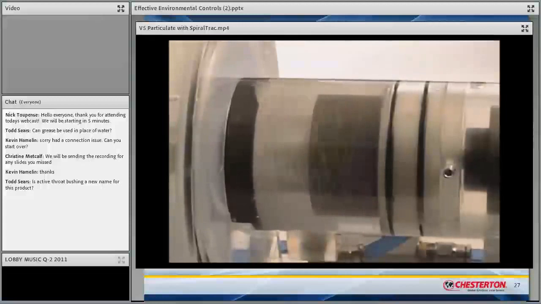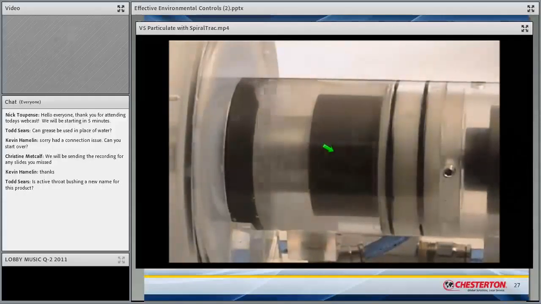Within a matter of seconds, the particles in the stuffing box have been eliminated, going out through the spiral grooves and back into the pumpage itself. So now our seal is running in a clean, cool environment, and we do it with either reduced or eliminated flush. In this particular instance, we've used it without any flush water whatsoever.